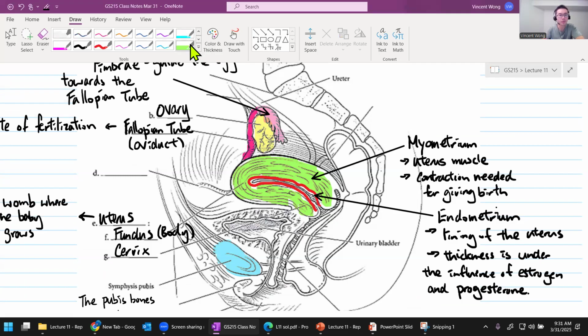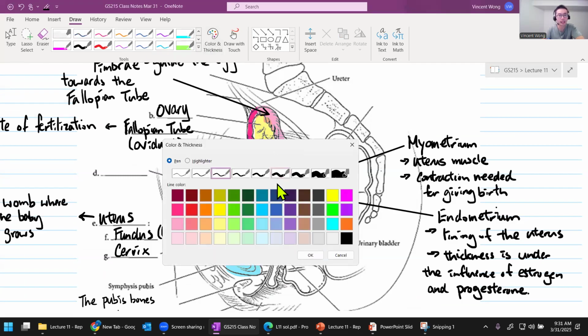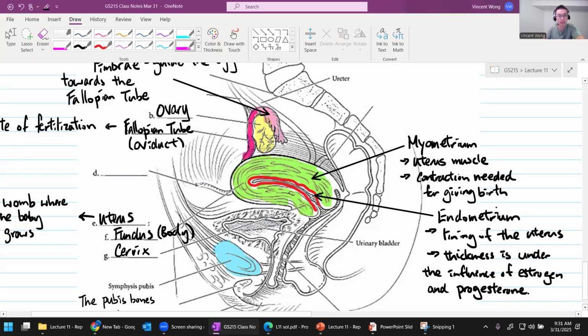Now, as the baby grows, I'm sure you can imagine, or you might have had experience of this, it gets very heavy, and the uterus is basically going to lower because of the weight of the baby. So we don't want it to lower too much. That's why there is a ligament here to help hold it in place.